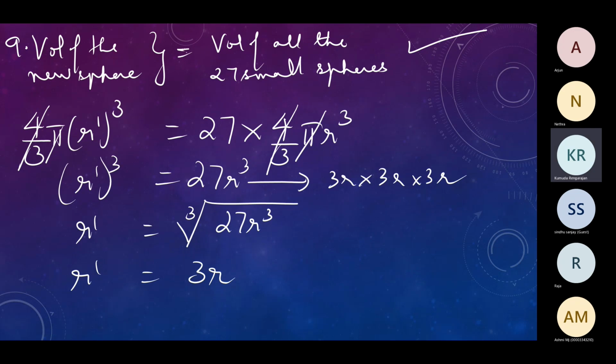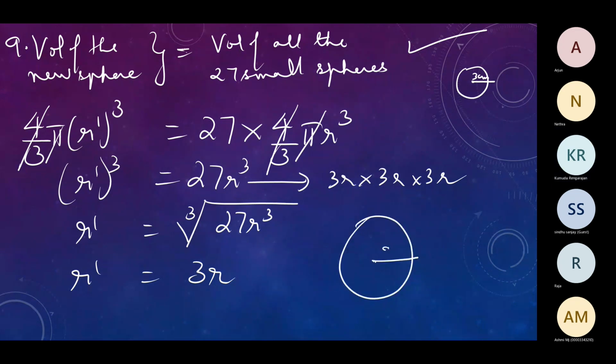So the radius r dash of the new sphere is 3 times the radius of each small sphere, 3r. So supposing the radius of the small sphere is say 3 centimeters, then the radius of the new sphere formed will be 9 centimeters.